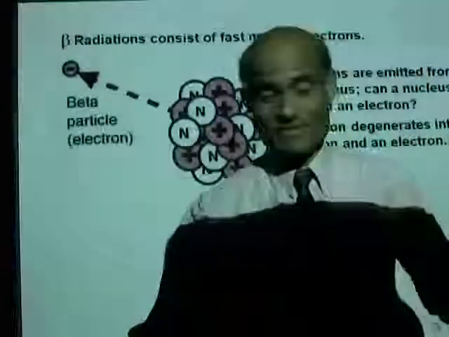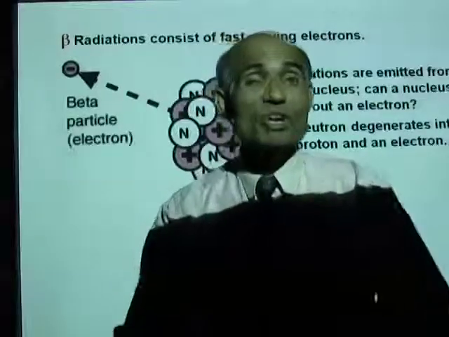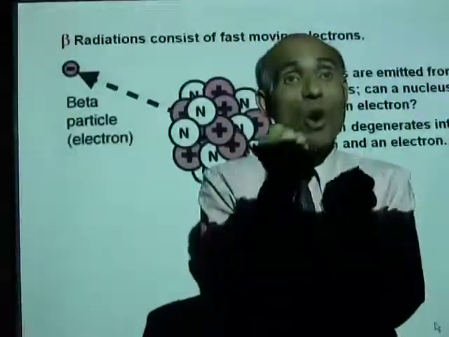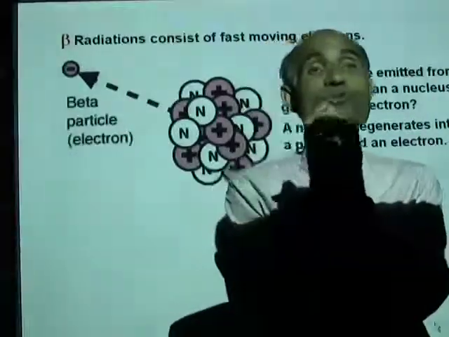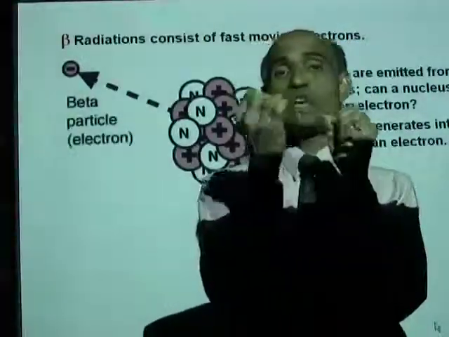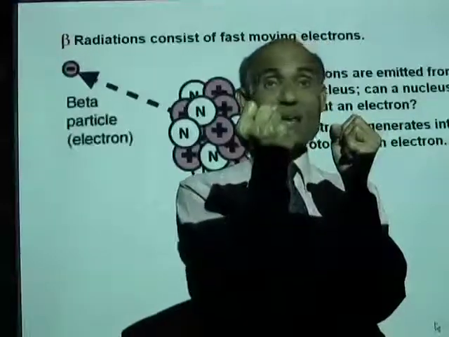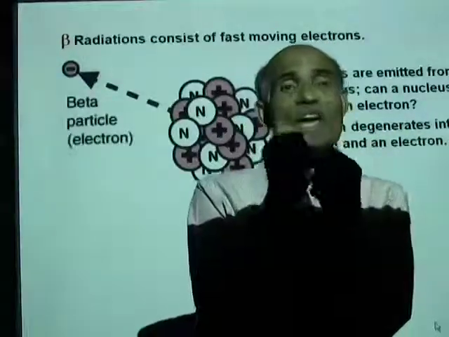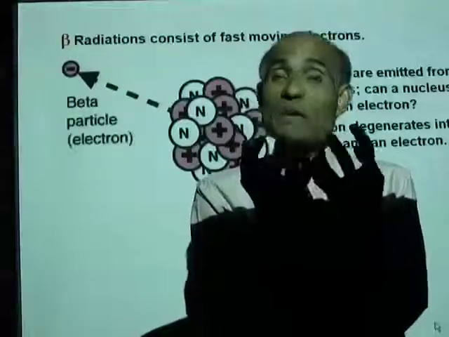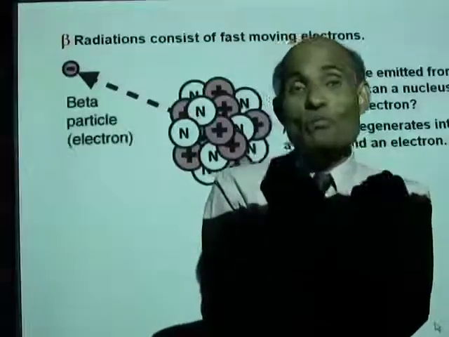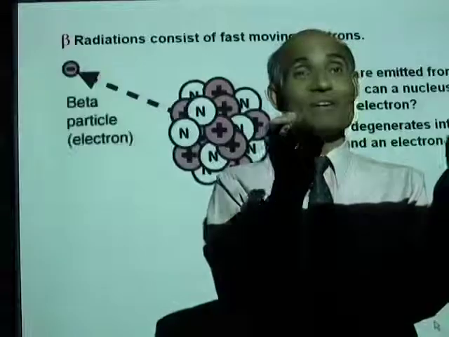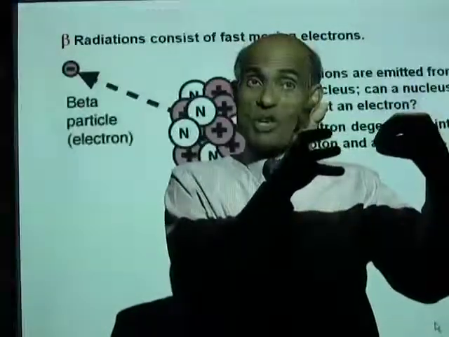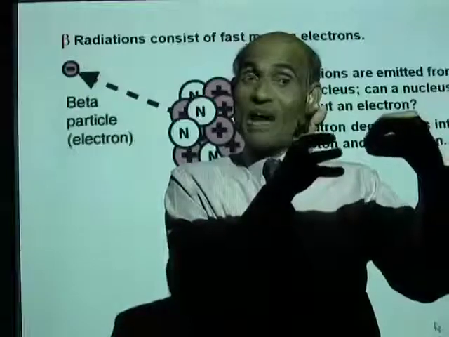What happens is, inside the nucleus, the proton and neutron do not always remain as proton and neutron. You see, a neutron doesn't remain as a neutron forever. It changes identity. A neutron can split into a proton and an electron. The charge carried by a proton and the charge carried by an electron are equal and opposite.